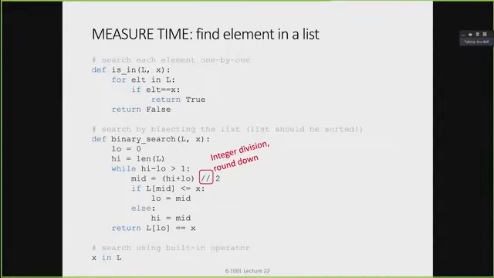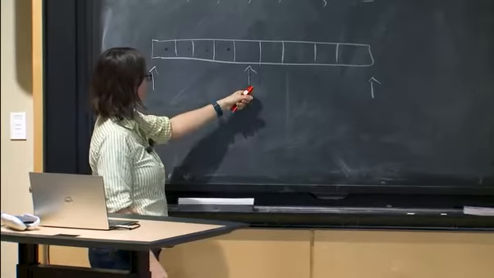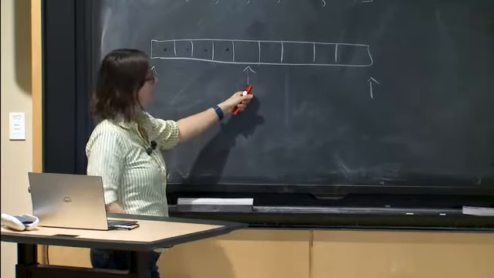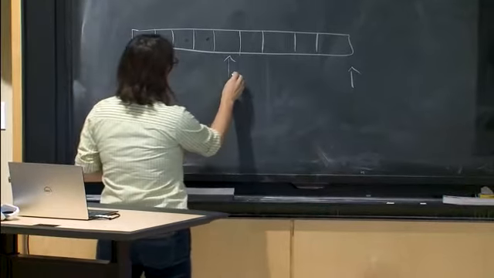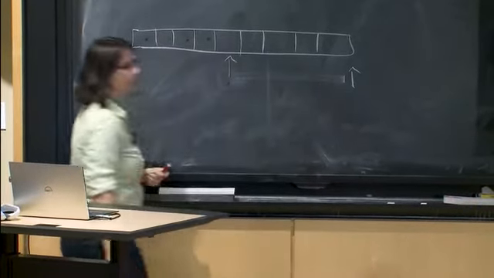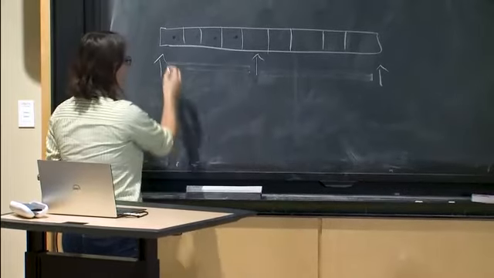So I've grabbed my middle element, and then I ask, are you the one I'm looking for? And if not, I ask whether this one is too low or too high. If it's too low, then I know I need to search this part of my list. And if it's too high, I need to search this part of my list.